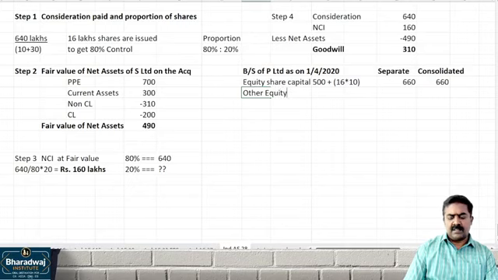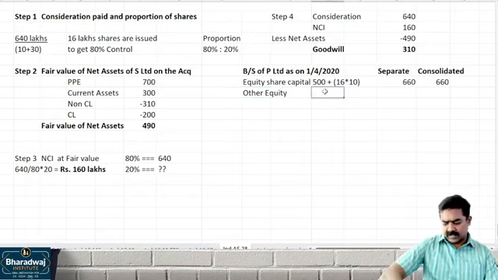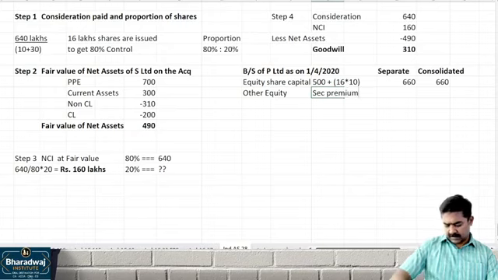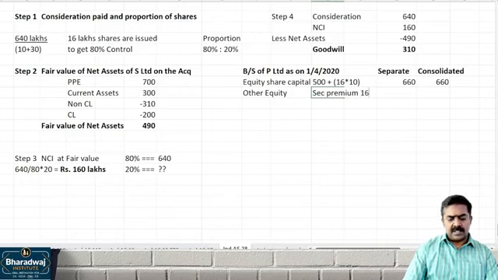Other equity. What is other equity? Oh, equity in டோட்டலாவே கொடுத்திருக்கானா? அப்ப other equity ல அந்த securities premium போட்டுக்கலாம். Securities premium எவ்வளவு இருக்கு? 16 into 30.